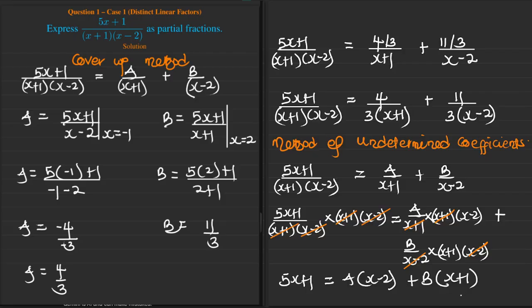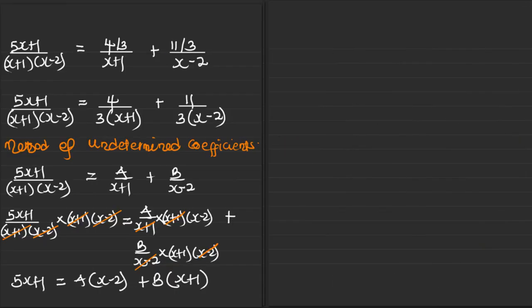After this stage, we expand. So we have 5x plus 1 is equal to a into bracket x minus 2, then plus b into bracket x plus 1.